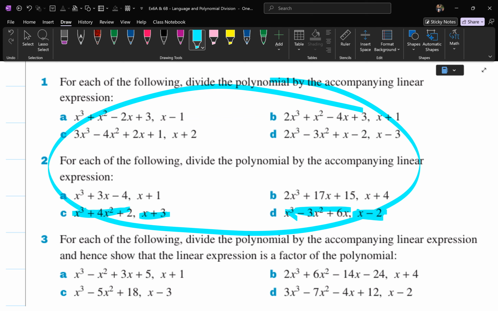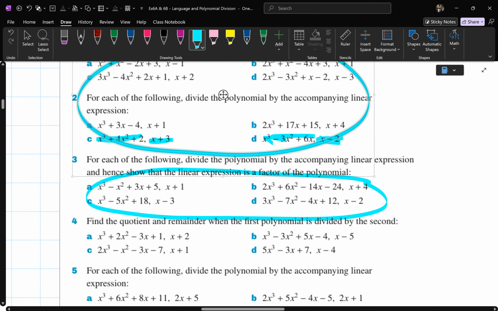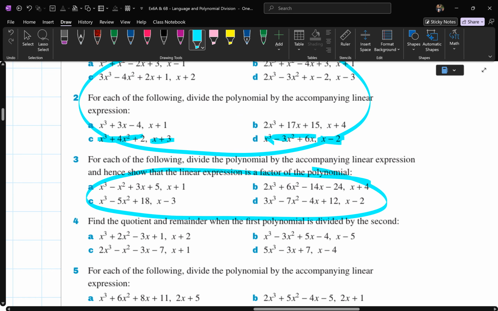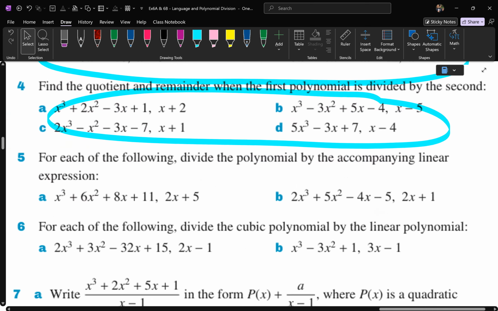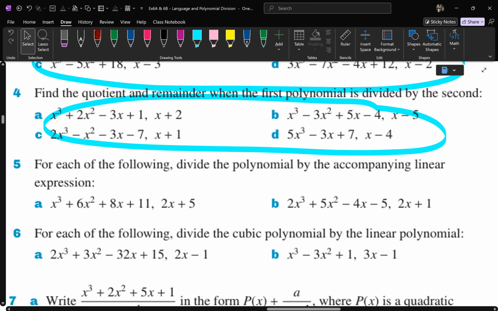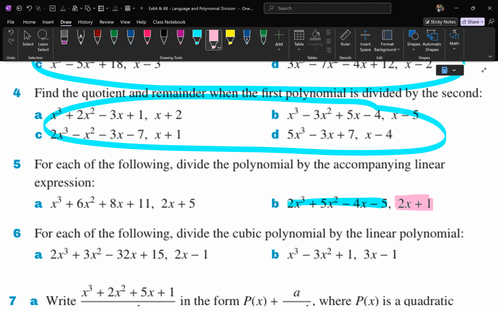All of this works with synthetic division because you've got cubic divided by linear. That one also works too. This one doesn't work. Can you see this one? Cubic divided by, yes, this is linear, but it's a 2x plus 1.